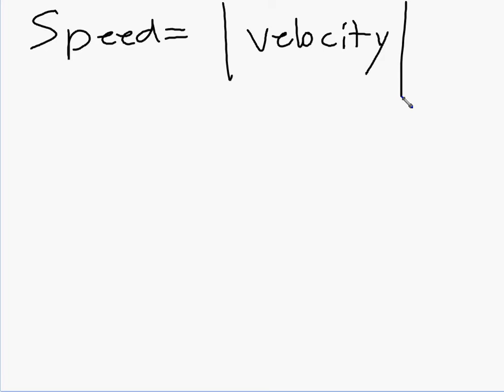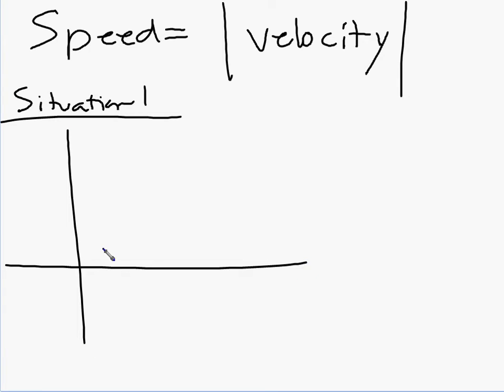All right? So, if we look at situation 1, we were told to plot, they give you the velocity graph. Well, aren't those all positive values? Right? So if this is my velocity graph, then the speed graph is going to go right on top of it, because they're all positive. All right?